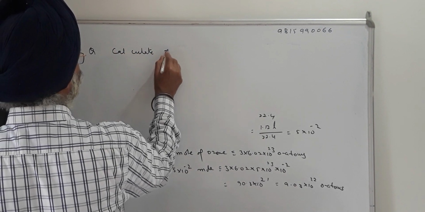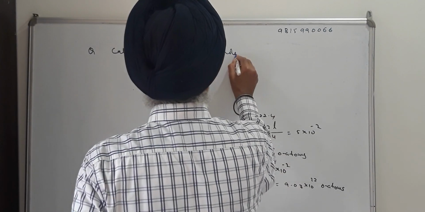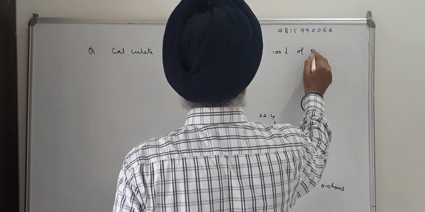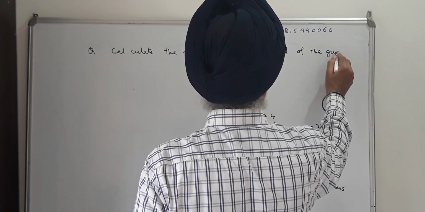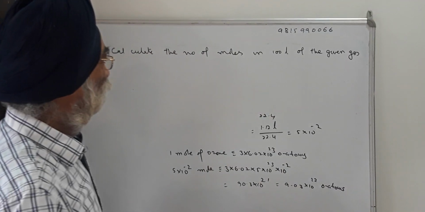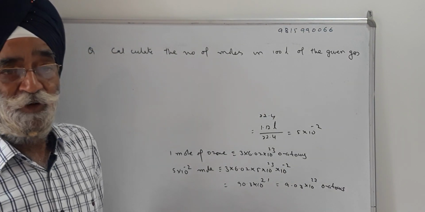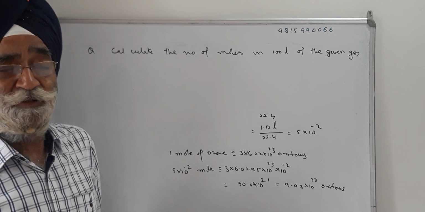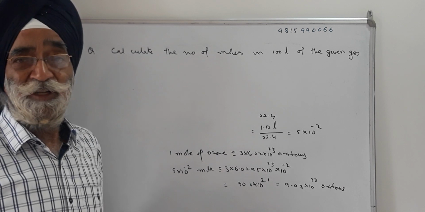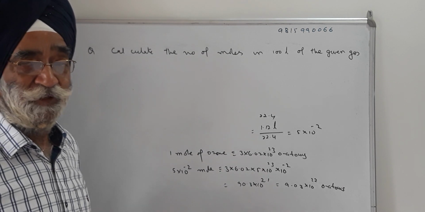Calculate the number of moles in 100 liters of the given gas. In 100 liters of the given gas. No information about the gas, but that statement is a splendid statement.